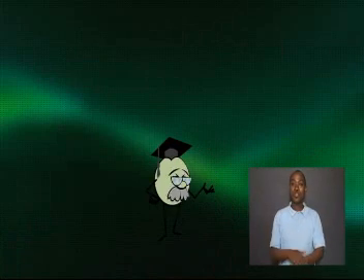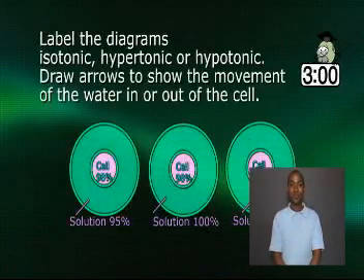State whether the cell is in an isotonic, hypertonic, or hypotonic solution. Draw arrows to show the water movement into or out of each cell. Students, let's get ready. Begin.